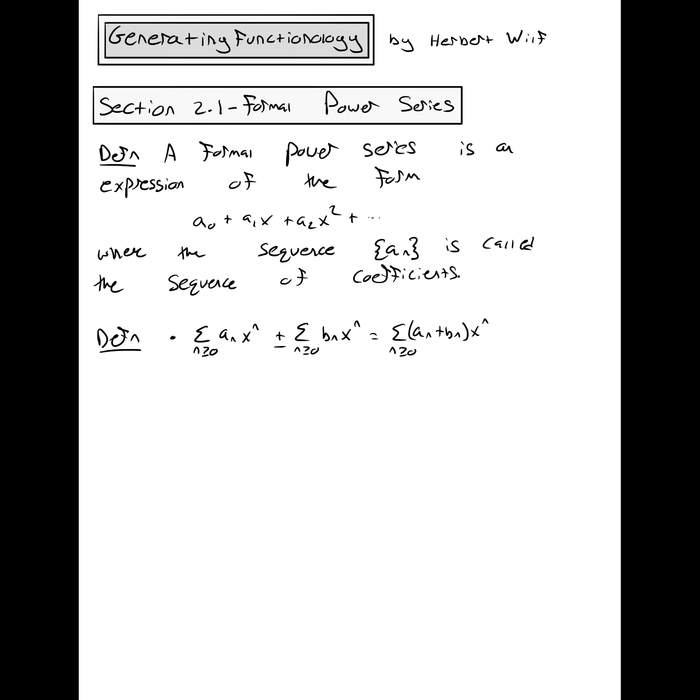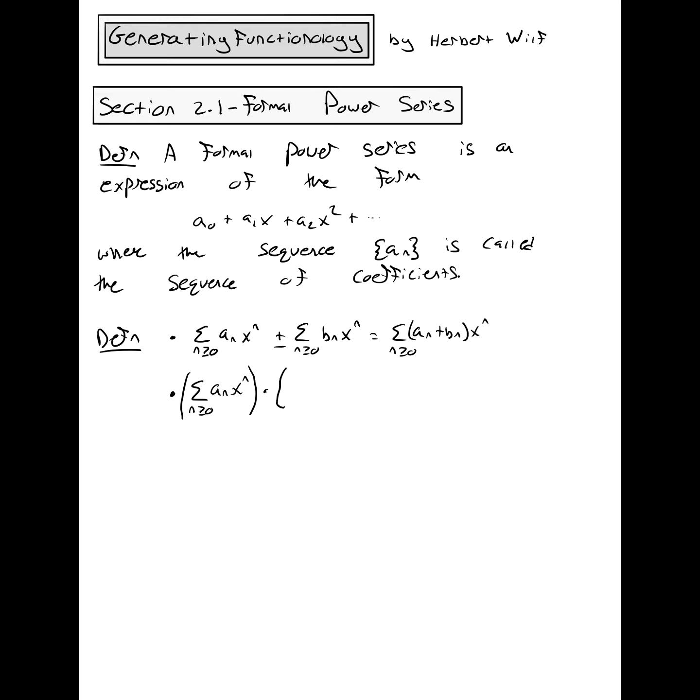In other words, we combine like terms, just as you would if you were given two polynomials and told to add them together. And we're also going to be using the same operation that we would use with polynomials for multiplication.